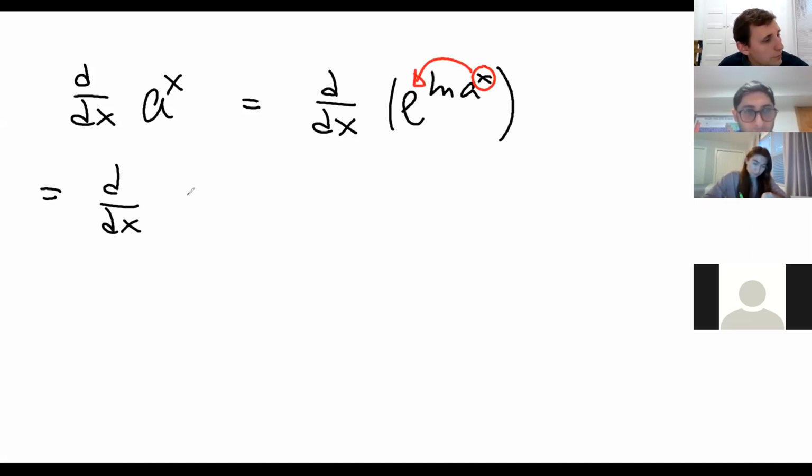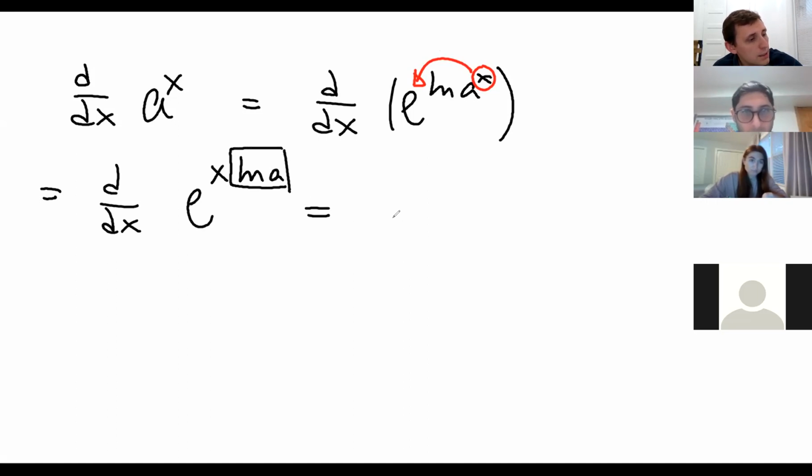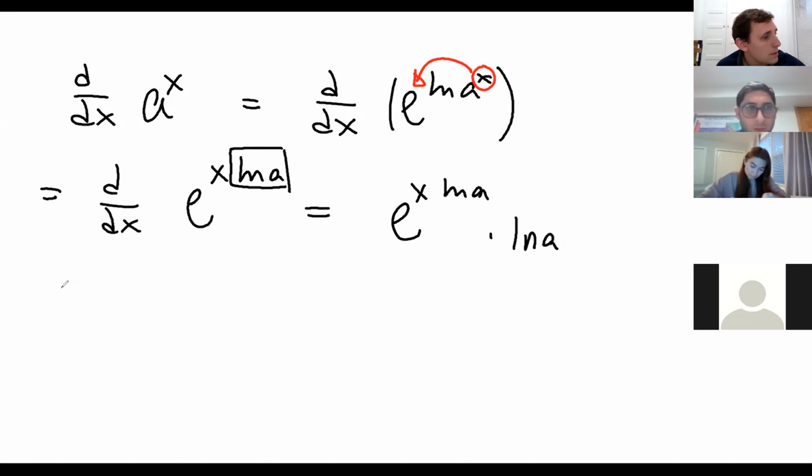So that's the derivative of e to the x ln a, and ln a is just a number. So the derivative of x ln a is e to the x ln a times ln a, which is back to a to the x times ln a.